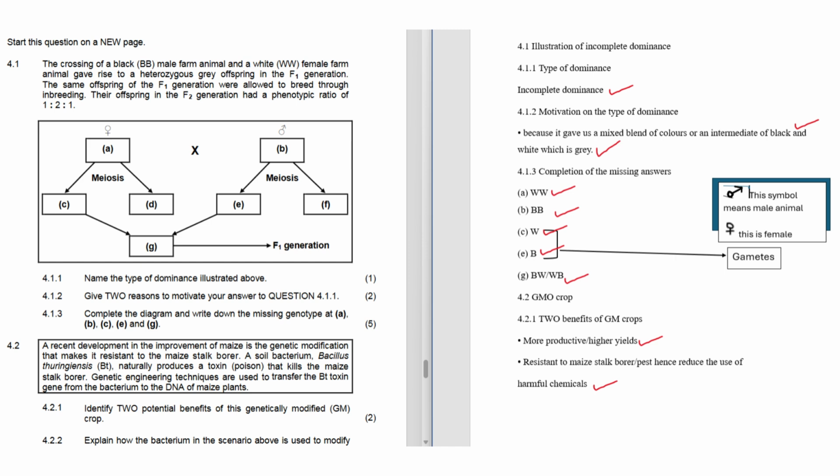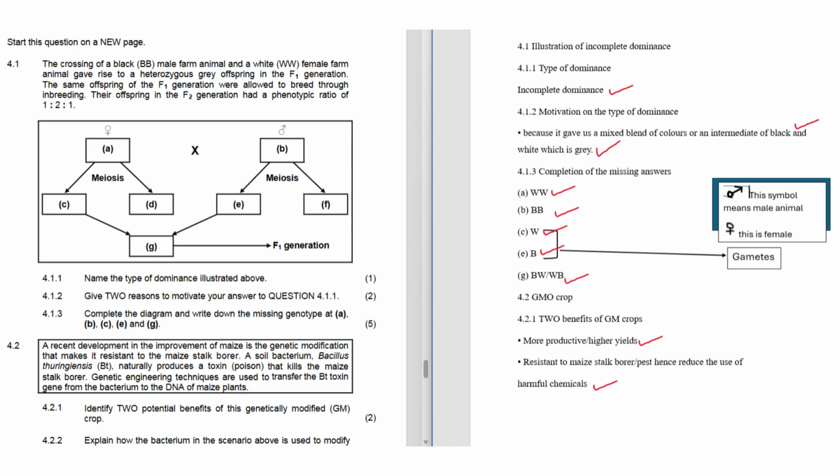Agree? If this maize stalk borer keeps on eating the maize, that means there will be yield losses because they won't be able to produce the required yield that they aim to produce.